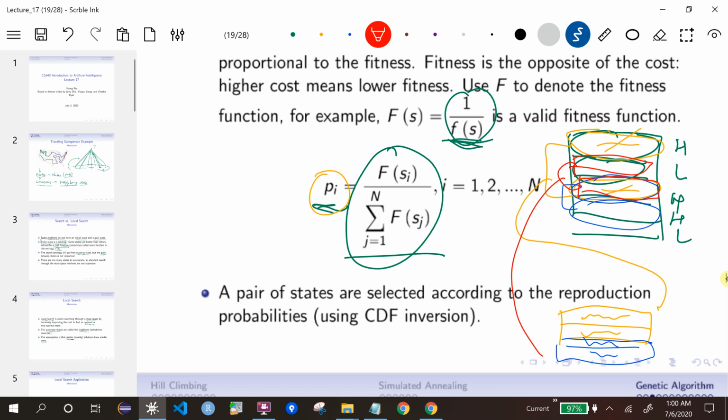We want to keep the population size the same. If we keep doing that, there will be a higher probability of these high fitness ones getting crossed over and passed down to the next generation.